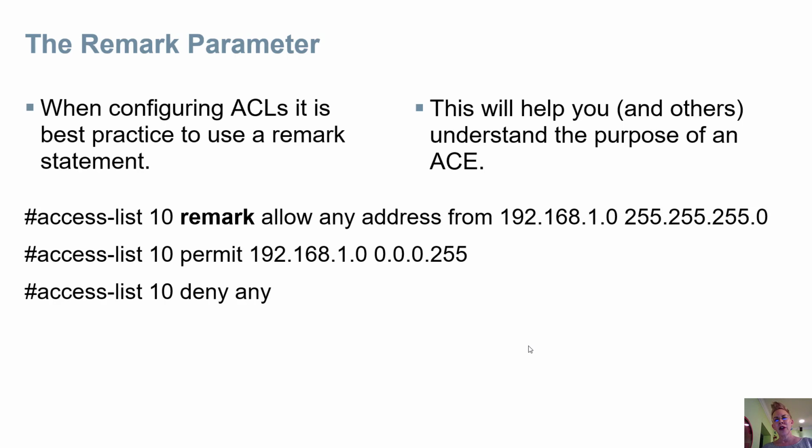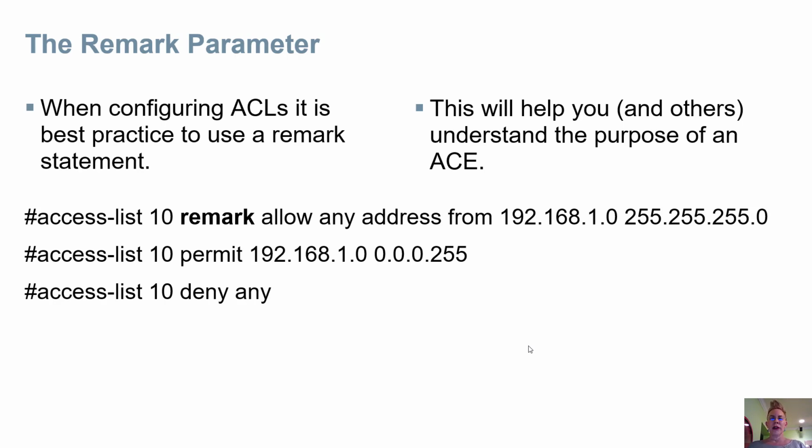Okay, then let's also talk about the remark parameter. Another best practice is to add in a remark. I like to tell people that it's very similar to doing a description on an interface. What a remark statement does is it's basically a way to write out in English what your access control list is doing.